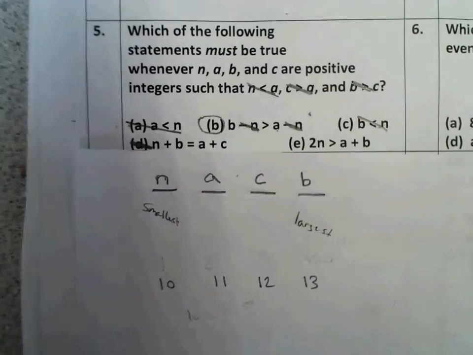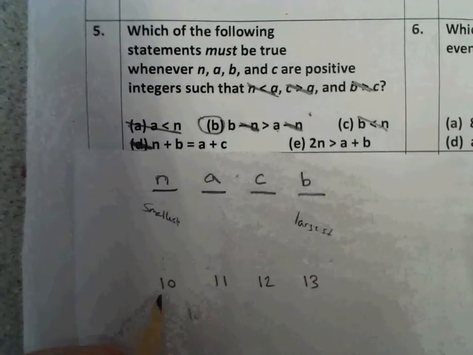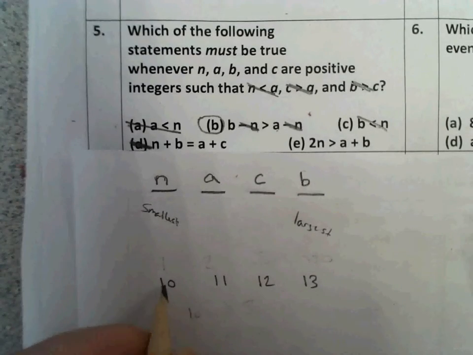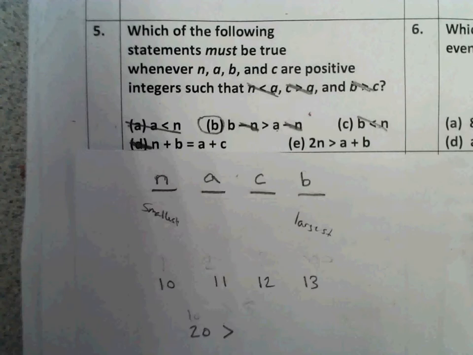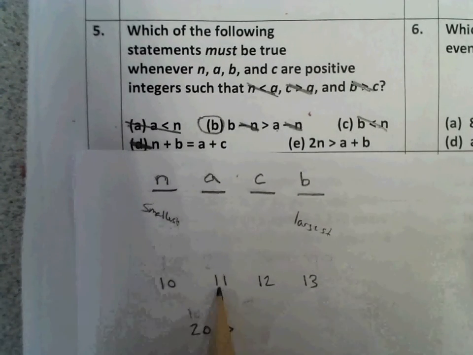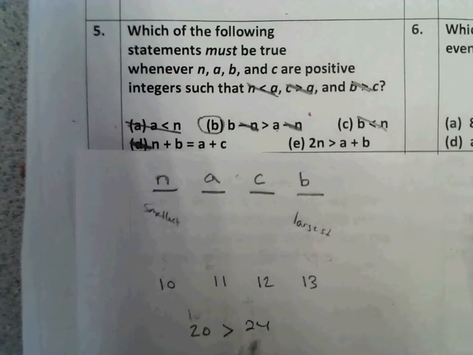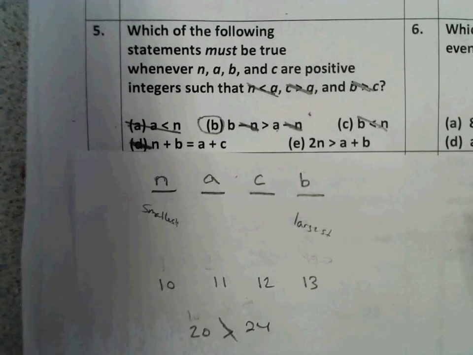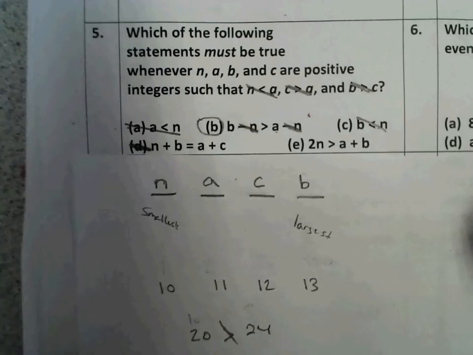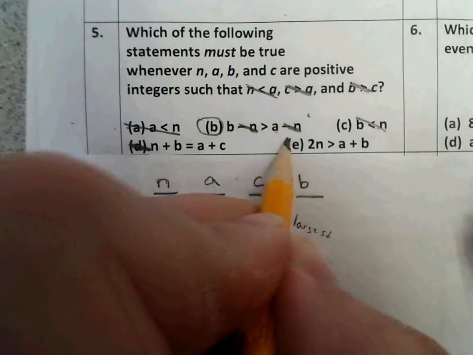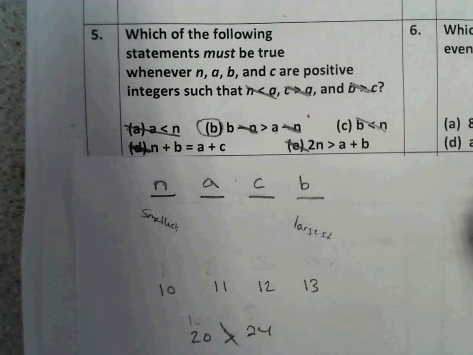So as far as must be true, it definitely doesn't have to be true, because 2 times n would be 2 times 10, which is 20. And is 20 greater than a plus b, which would be 11 plus 13, which is 24? No, that's incorrect. So obviously it doesn't have to be true, because we can think of at least one solution where that's not the case. B is the only one that has to be true.